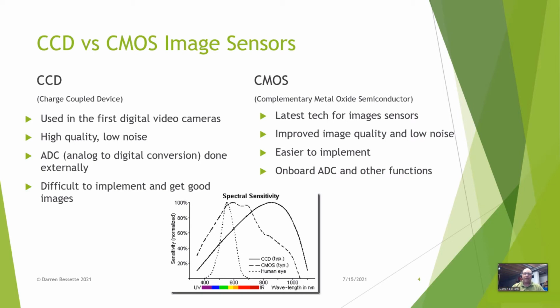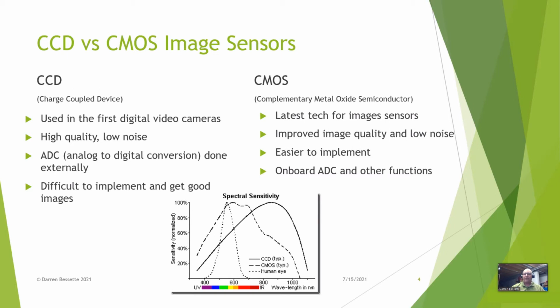Below here, I have a little spectral graph. It essentially shows the response curve of either one of these sensors. So if I was to shine light that is between, we'll say 400 nanometers, which is that purpley UV bluish range, all the way into the longer wavelengths, which is the red, so around the 650, 700, this is where the human eye really can see, in that visible range where they see the colors.